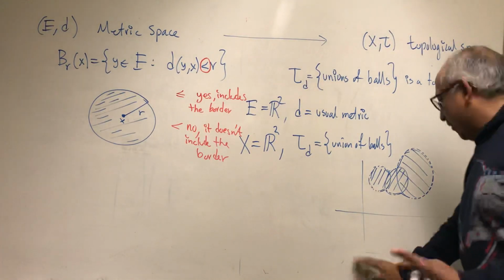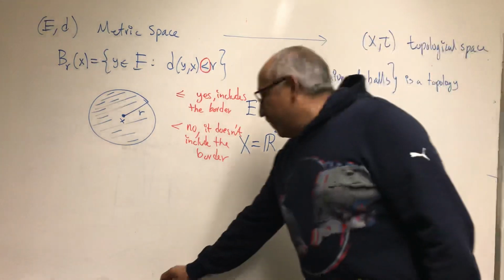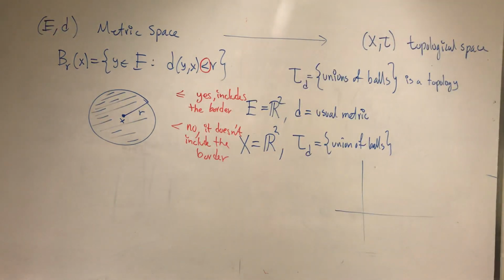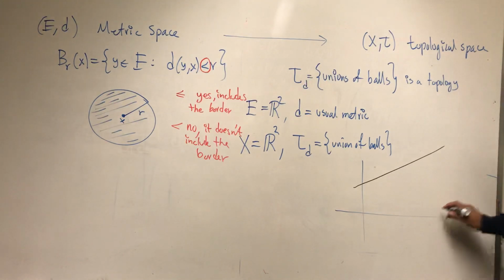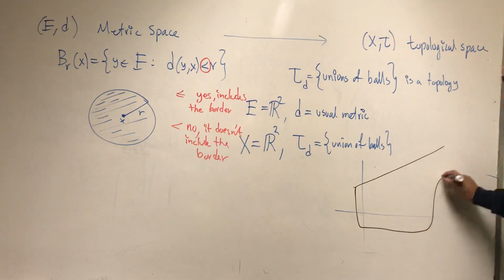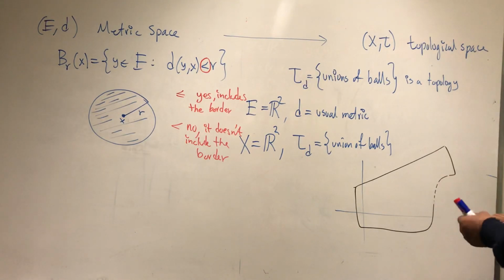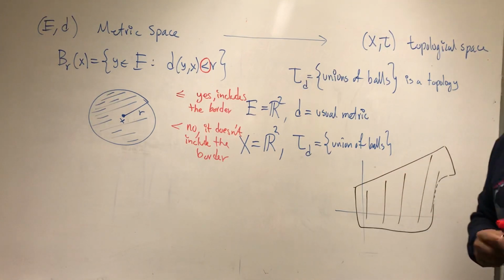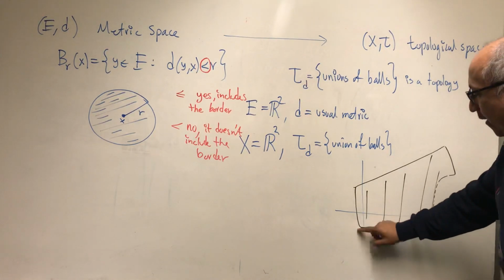Question for you. This question is for Melanie. Suppose that you have this guy without the border, so the stuff inside, no border, no walls.